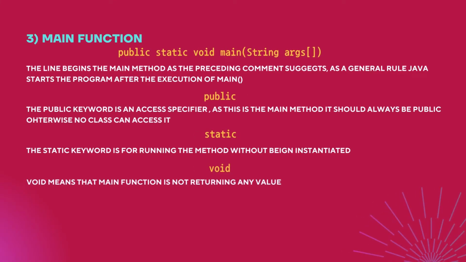So now let's see what is the main function. This line begins the main method. As the comment preceding it suggests, this is the line at which the program will begin. As a general rule, a Java program begins execution by calling main.